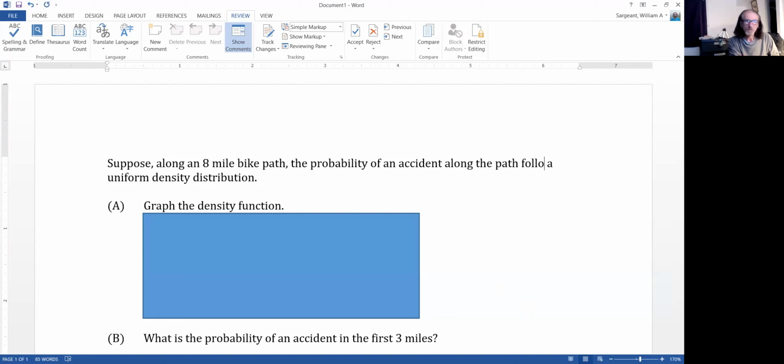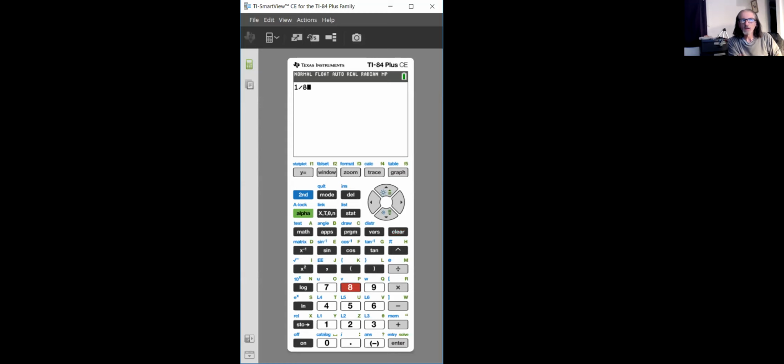Because the total area between your curve and the horizontal axis has to be 1, then since this is 8 miles long, we have a height of 0.125.